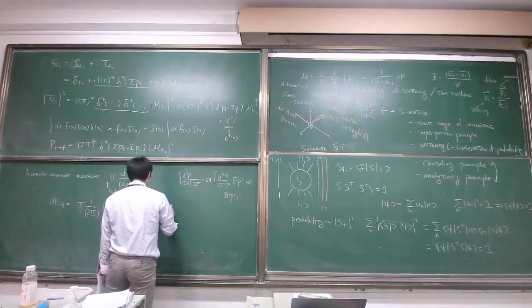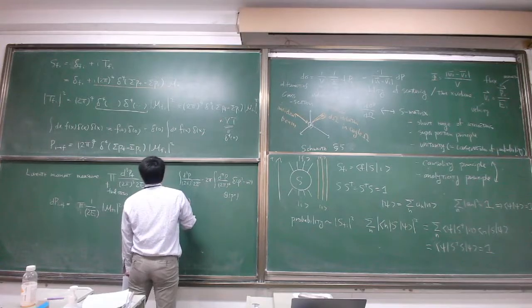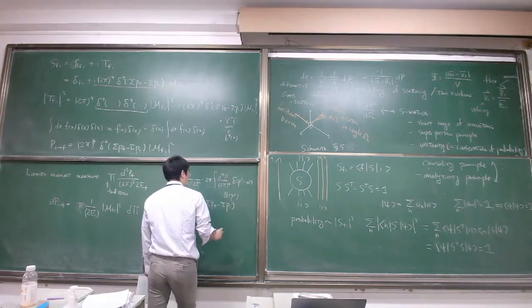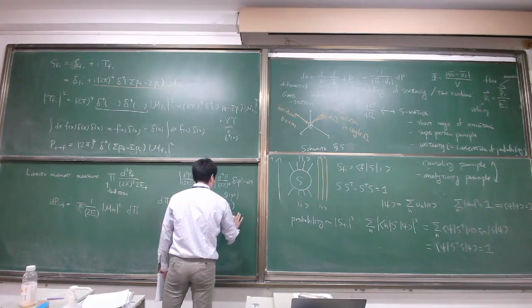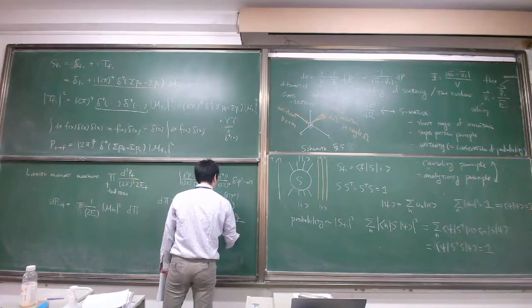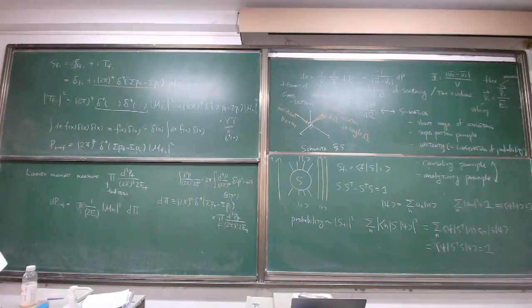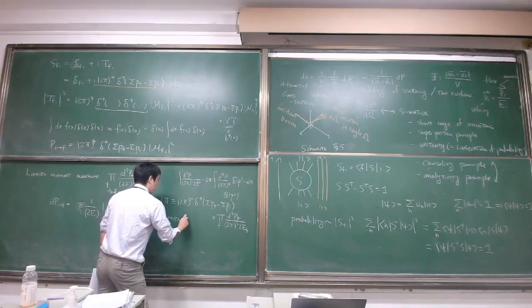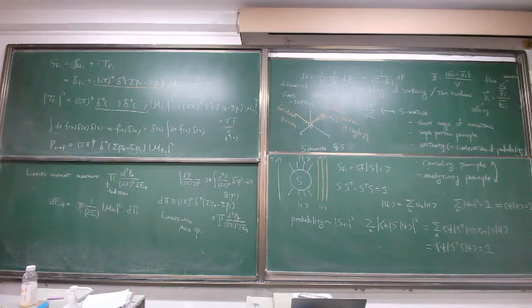And d Pi is the Lorentz invariant phase space, defined as the product over f of d^3p_f over (2 pi)^3 2E_f. So this is what is often called the Lorentz invariant phase space.